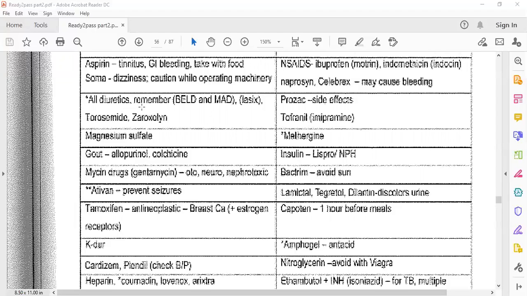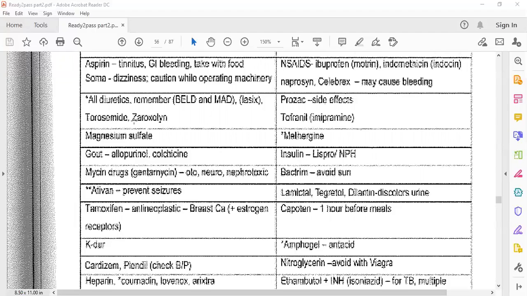Here, remember Lasix, or furosemide, torsemide, acetazolamide, all are diuretics, right?